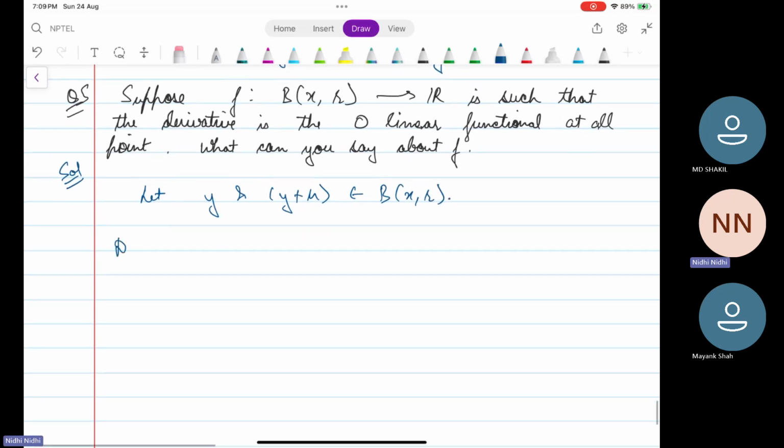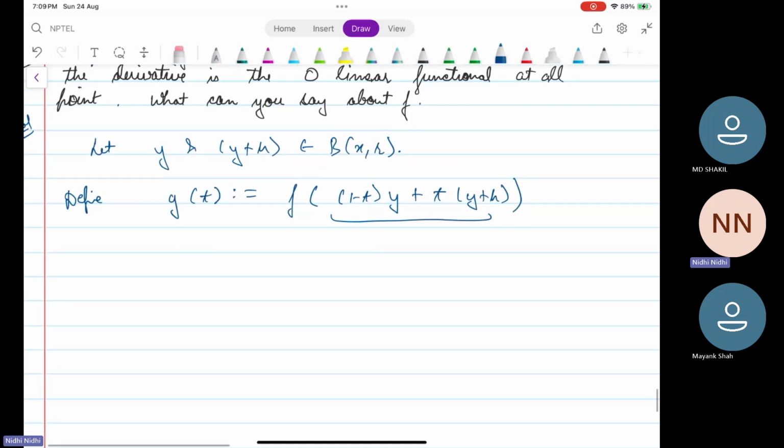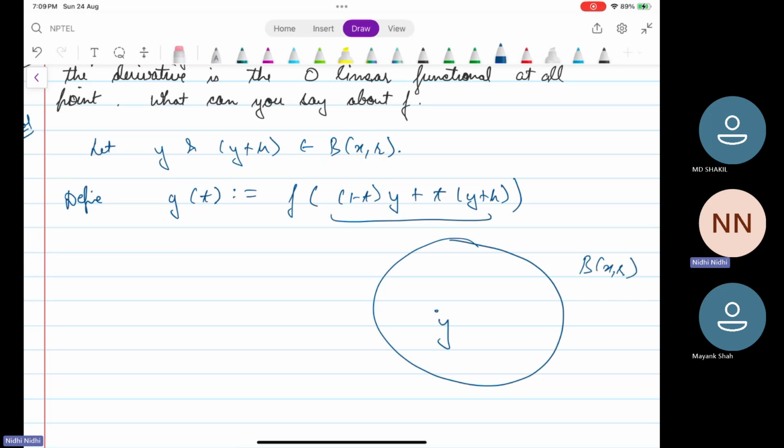Then we define a function g such that g(t) is equal to f at (1 minus t) times y plus t times (y plus h). So basically, these points are the points on the line. So if this is B(x, r), this is y, this is y plus h, all these points t times (y plus h) plus (1 minus t) times y lie on this straight line. So obviously we are inside the ball.